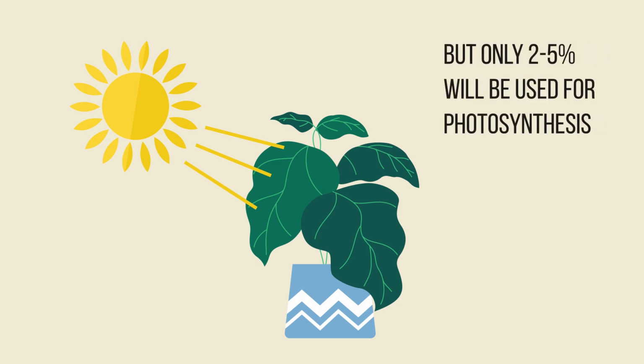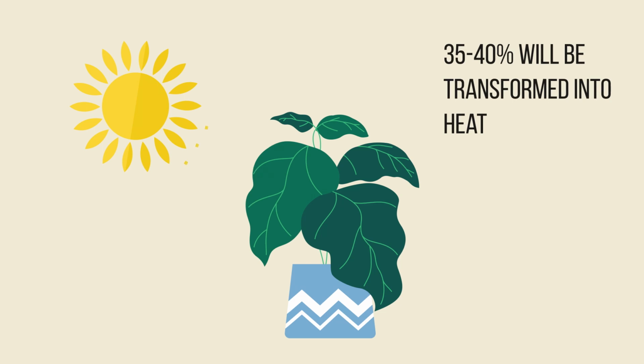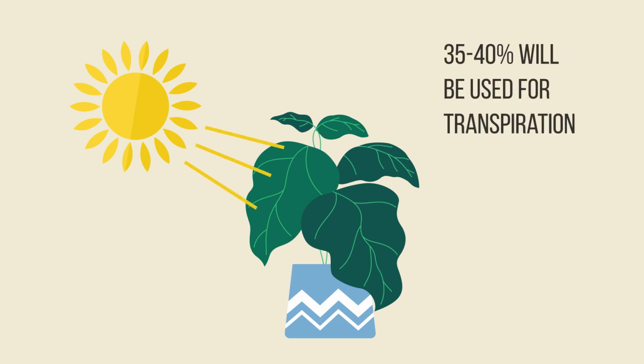But only 2 to 5% will be used for photosynthesis. 35 to 40% will be transformed into heat, and another 35 to 40% will be used for transpiration, the process of water movement through a plant. The energy loss will be a consequence of reflectance and transmittance in and out of the leaf respectively. That is why the choice of light sources for plants is an extremely important task.